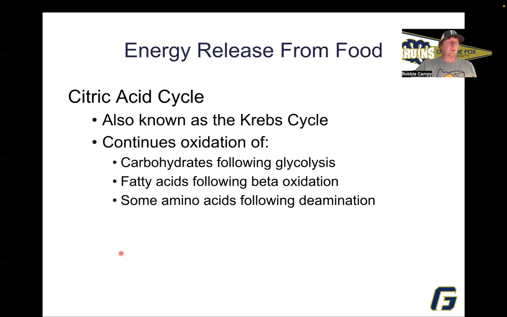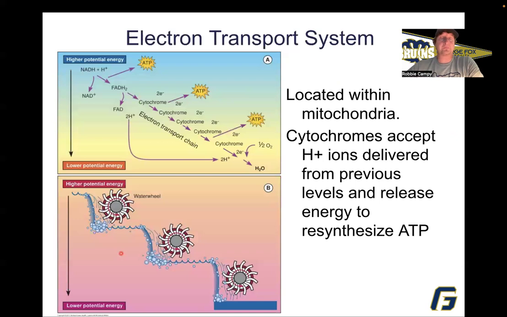So as we go into this aerobic system, you can see that any of the three macronutrients could be supporting this level of energy production. Carbs was essentially the only thing that could really meaningfully support the anaerobic system. Now we're going to see that all of these different macronutrients can help in this system.